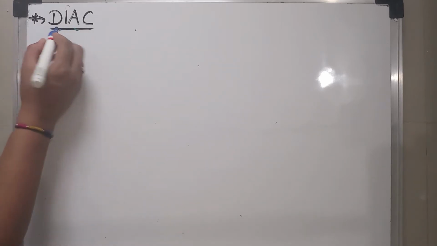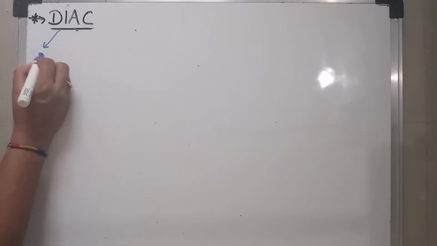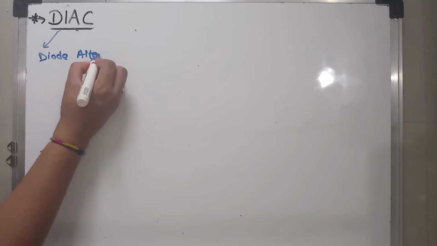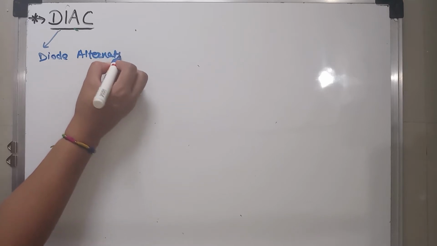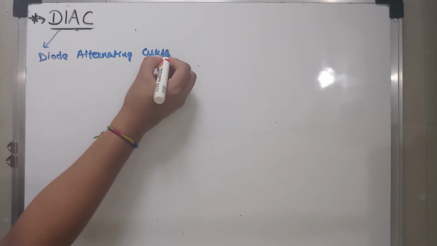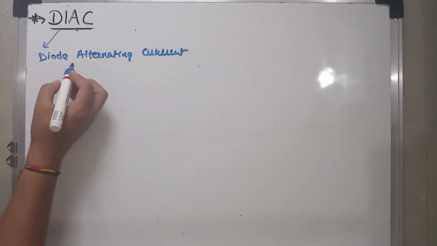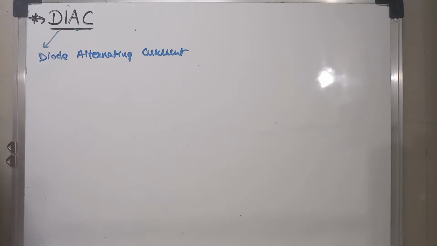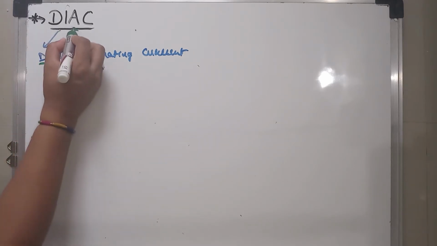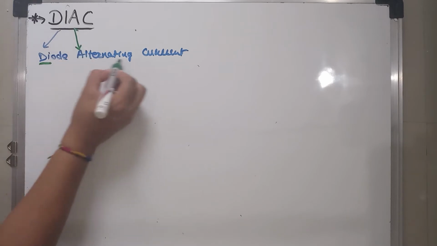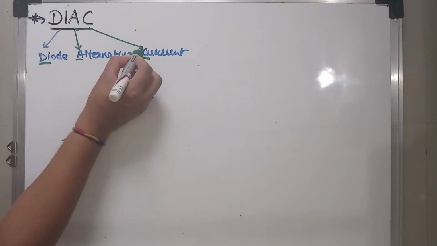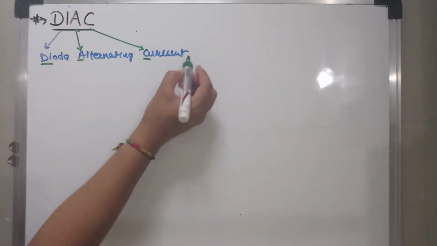Now the diac term stands for diode alternating current cycles, or you can say current. See, the first two letters are from diode, A comes from the first letter of alternating, and C comes from the first letter of current, or you can say cycle.